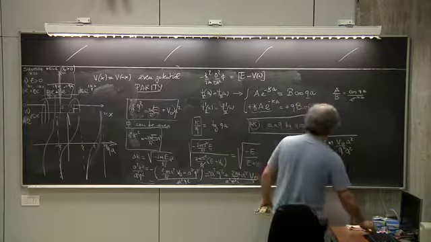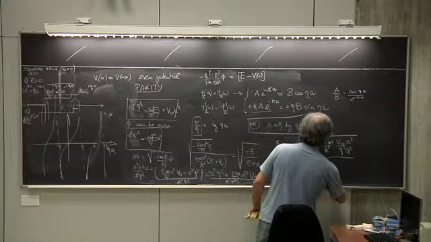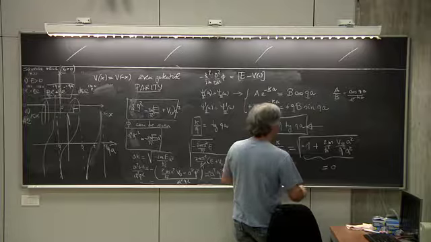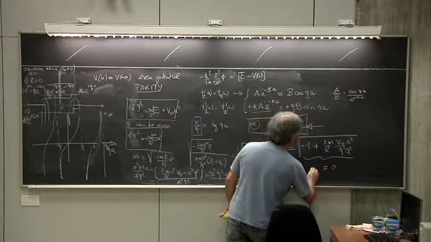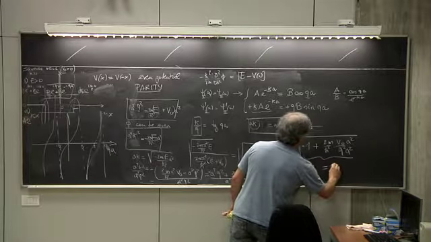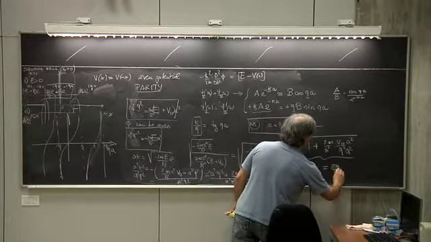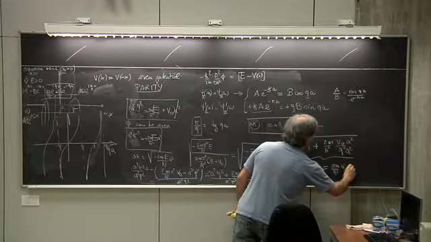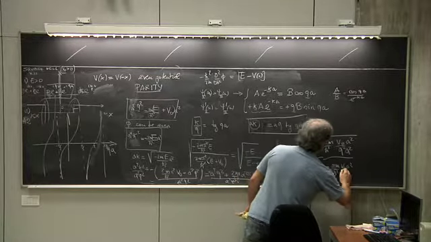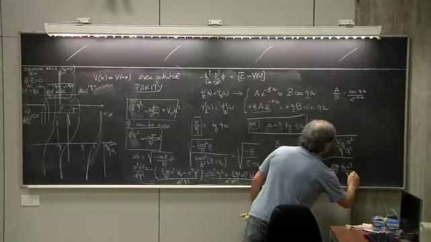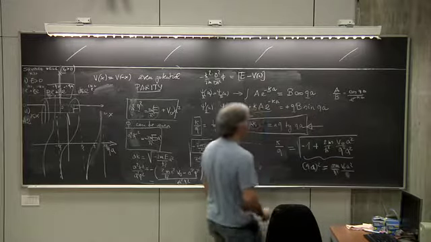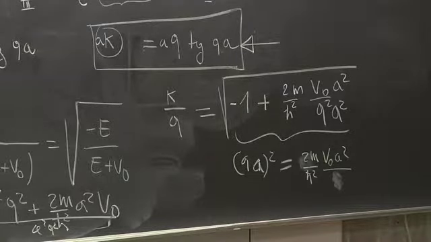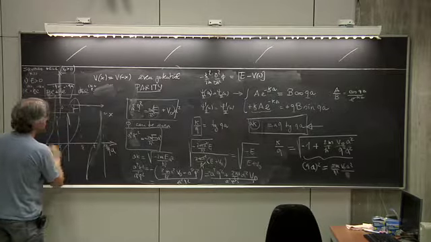So there is some point where this is equal to 0, which is, if you bring the 1 there, when 1 is exactly equal to 2m over h bar square v0 a square times qa square. So when qa square is exactly equal to that. So depending on v0, I have some value where this reaches 0.